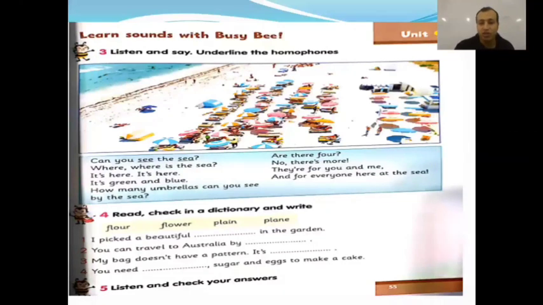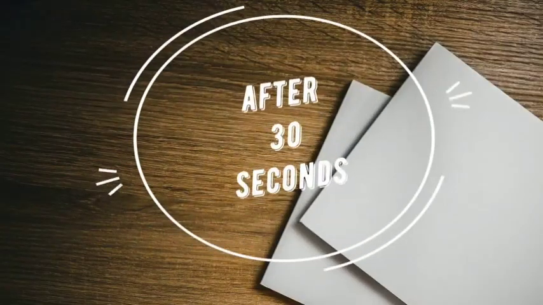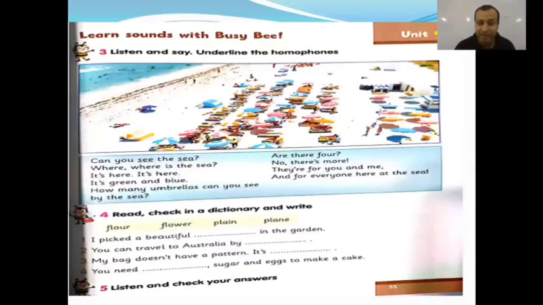So now we're going to read, check in a dictionary, and write. You're going to use these 4 words: flower, flour, plain, and plane, to fill the gaps here. You just have about 30 seconds to do it. Okay, start. Hello again. Let's check your answers. Number 1, I picked a beautiful flower in the garden.